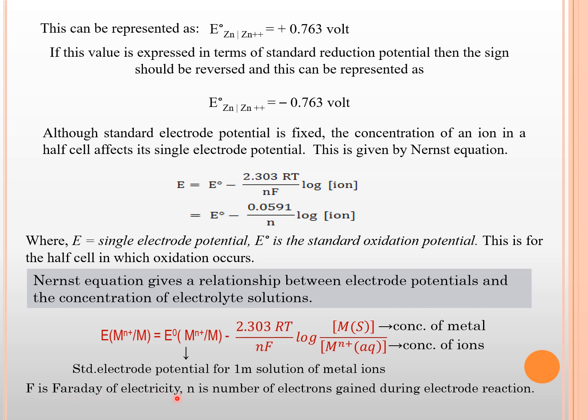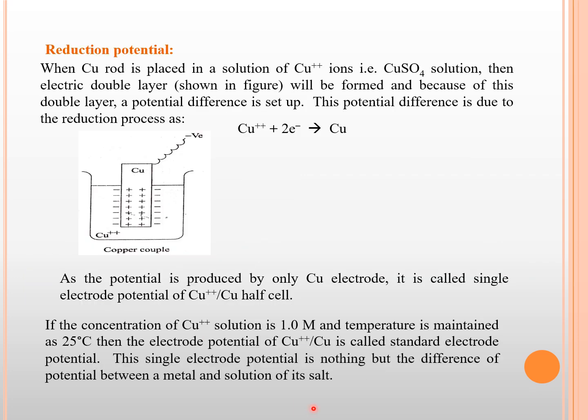F is the Faraday of electricity, and N is the number of electrons gained during the electrode reaction. So this is the general form of the Nernst equation that shows the EMF of the cell.